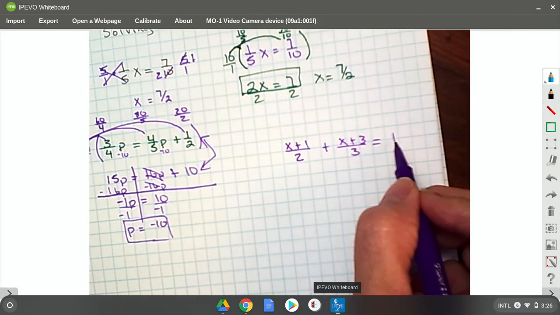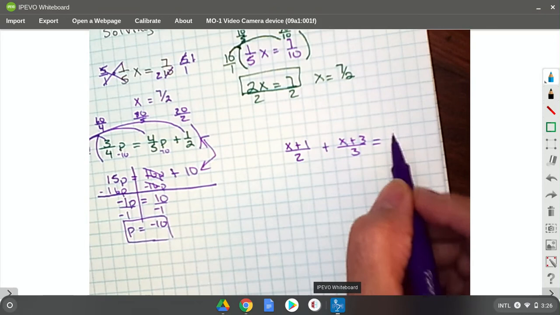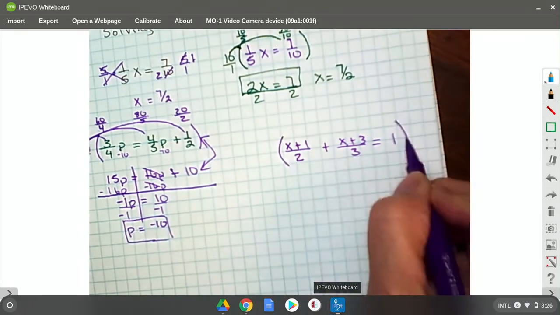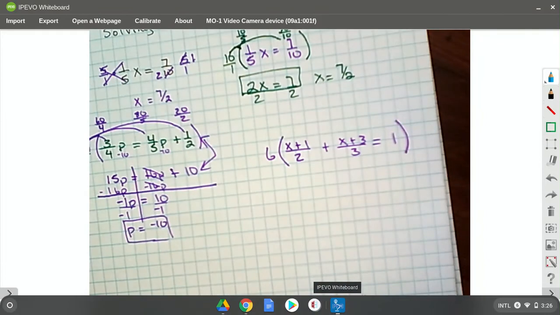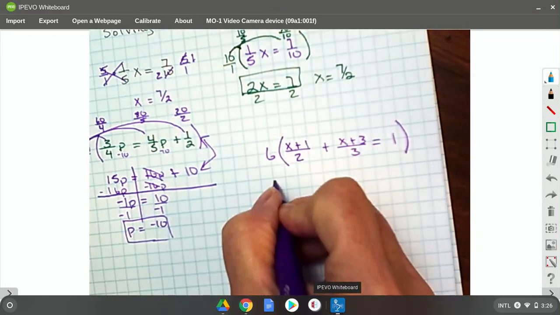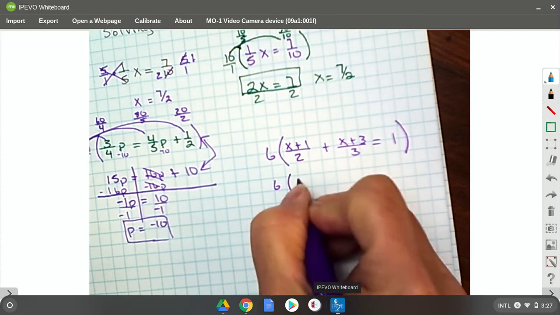And don't forget, even though there's no fraction in this one, you still have to multiply by every single term, whether it's a fraction or not. I got to multiply every term. All right, so I'm going to rewrite it this way. Just maybe it might help.